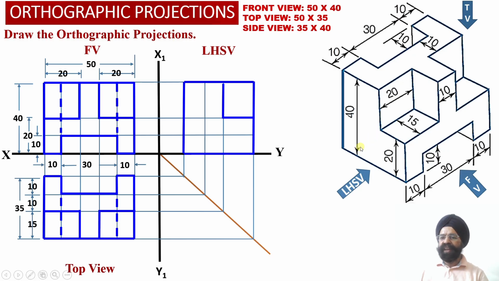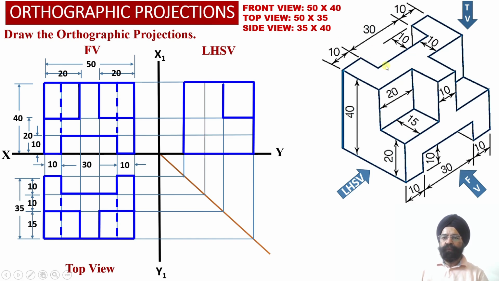Then another thing we need to observe over here, there are two slots. One is a vertical slot, another one is a horizontal slot. This horizontal slot is available at the base of the solid, 10 millimeter above the base. So here the hidden line projections will be available up to this point over here.